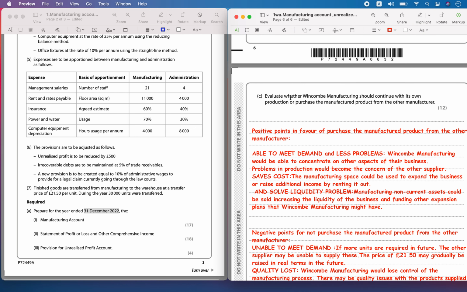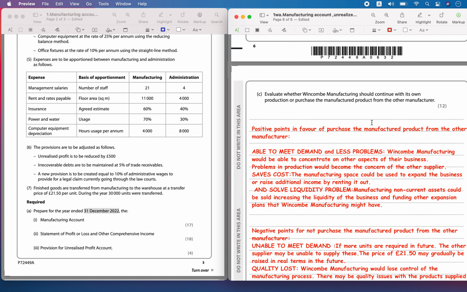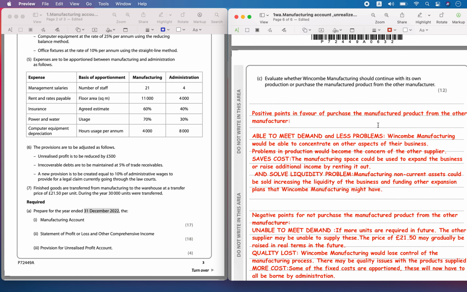Then the next question is to evaluate whether Wincombe Manufacturing should continue with its own production or purchase the manufactured product from another manufacturer. Now let's look at the points in favor of purchasing. It's easy, he will be able to buy and meet the customer demand, and he will avoid the problems of production and problems with suppliers.